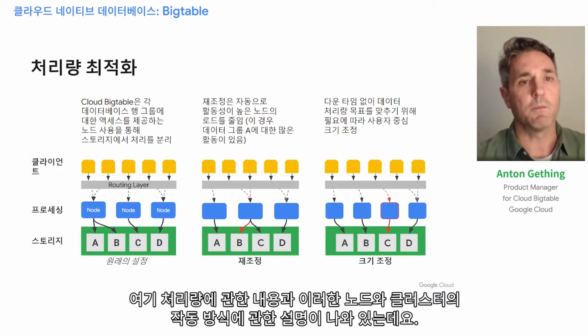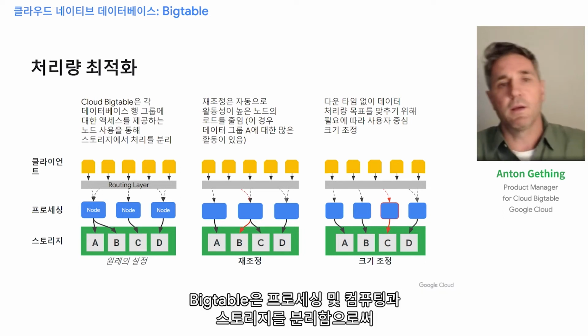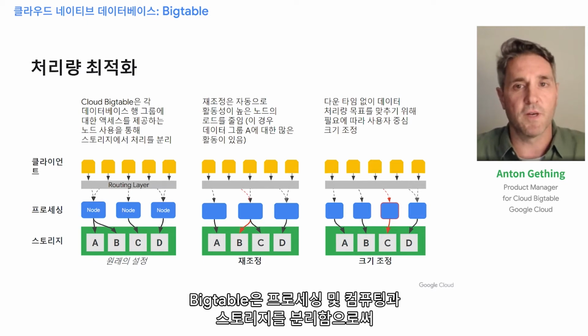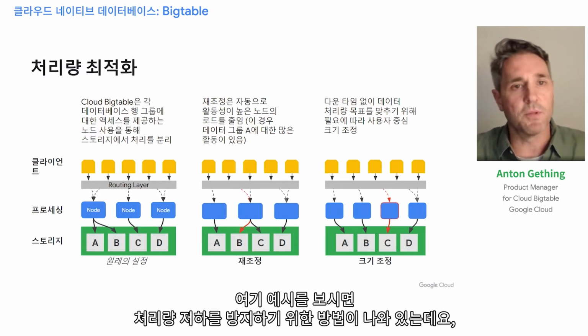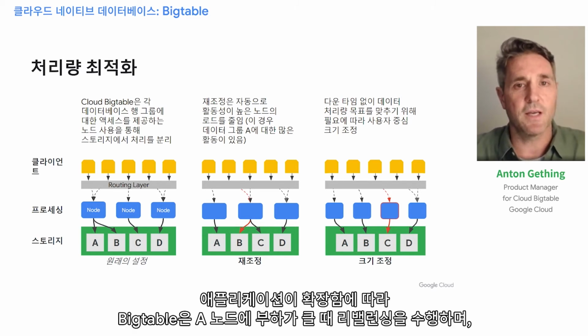Here, I want to talk a little bit about throughput and how these nodes and clusters operate. Through Bigtable separation of processing or compute and storage, Cloud Bigtable is able to easily automatically configure throughput by adjusting the association of nodes and data. In the example here, in order to not compromise throughput as your application scales, Bigtable rebalances.